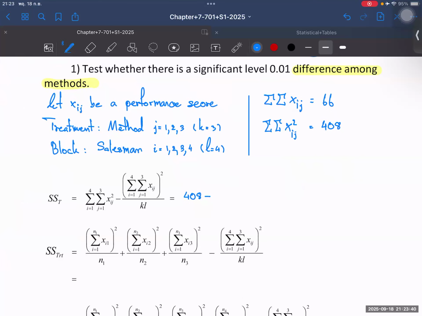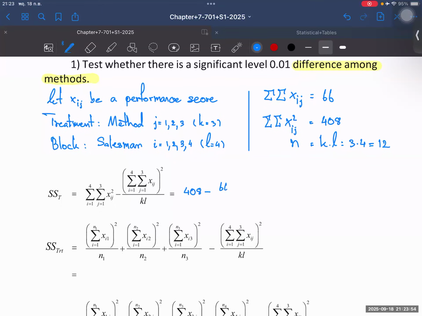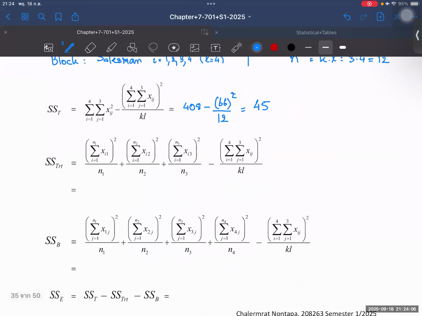The sample size is K times L, so it's 3 times 4 is 12. That's why I have 66 to the power 2 divided by 12. So it's equal to 45. And I calculate.